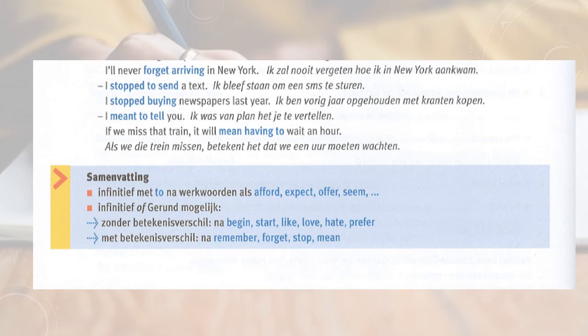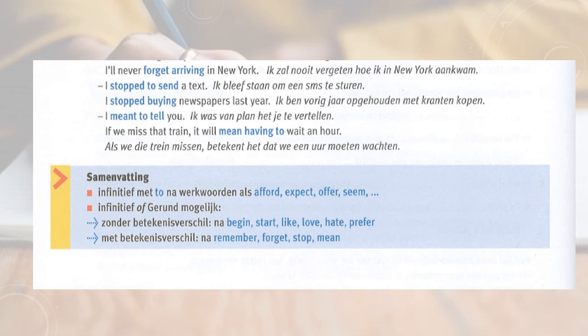So here, stop doesn't mean fysiek blijven staan, like in the first sentence, but it means ophouden met iets te doen. So this is how your choice of placing an infinitive or a gerund after one of these verbs, this is how you actually create a different meaning to your sentence.